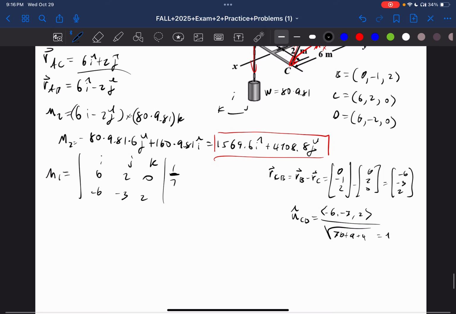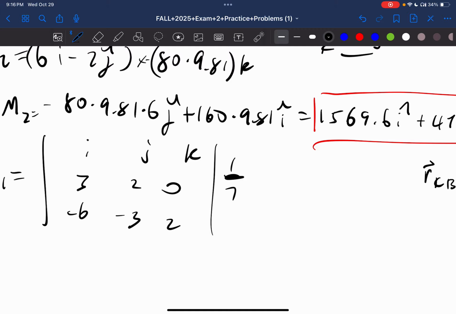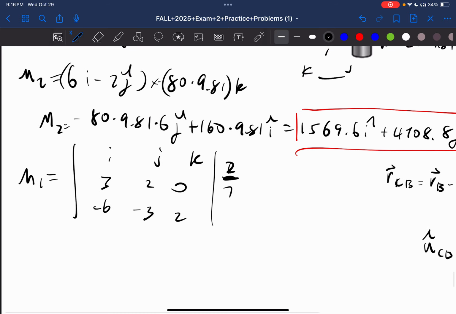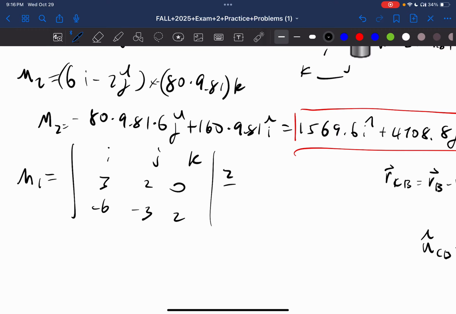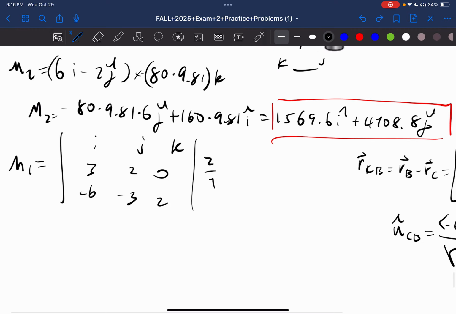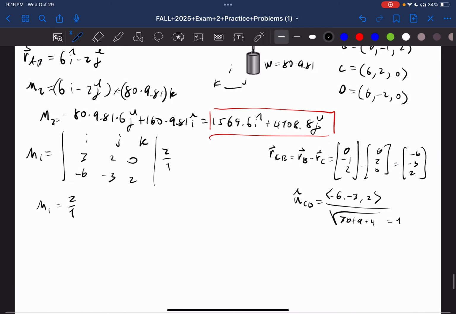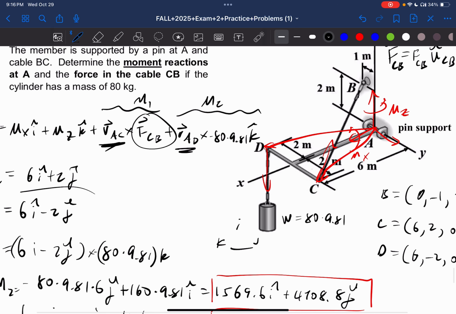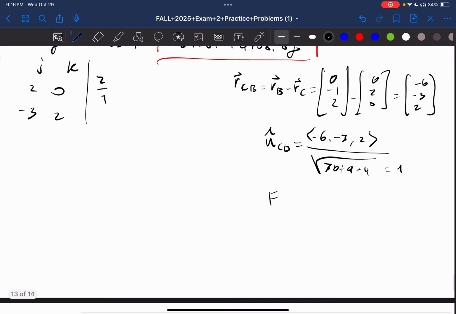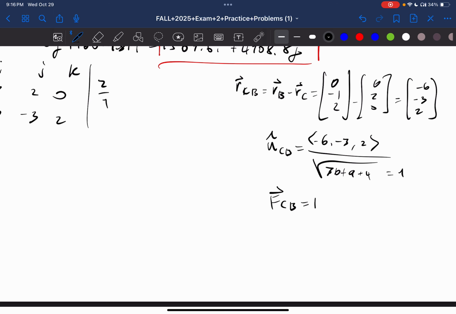We can actually divide this by 2, so we can have 3, 1, 0, and we can have this 2 out in front too, so we don't have to do that much math. 2/7. This will simplify it down a lot, and so moment 1 is going to be equal to 2/7 times FCB, and remember FCB is FCB times the unit vector in the CB direction.